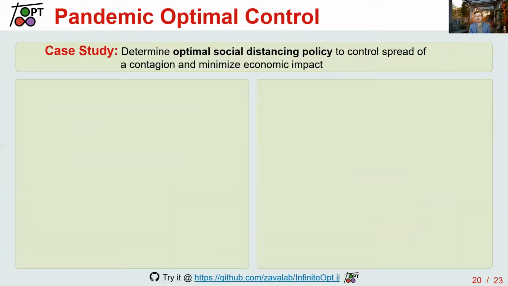So what we're considering here is pandemic optimal control, where we have a particular contagion, and we want to optimize the social isolation or distancing policy that we want to enforce, but also minimize any unnecessary economic impact that we can avoid.